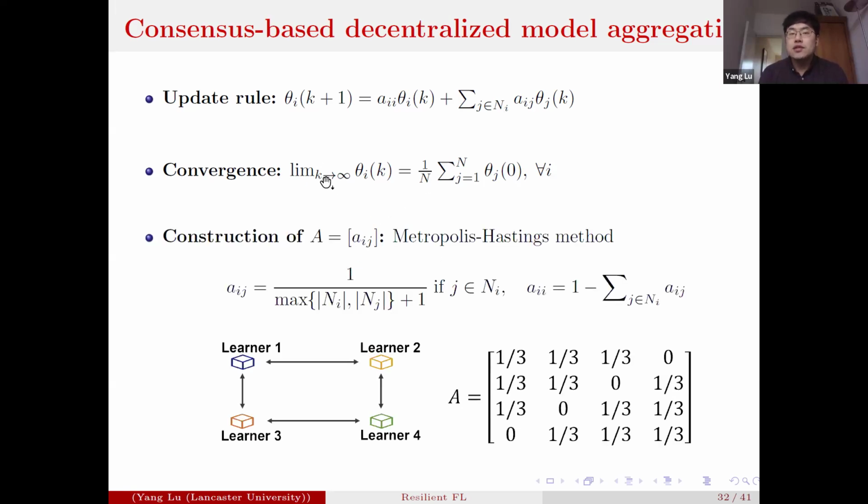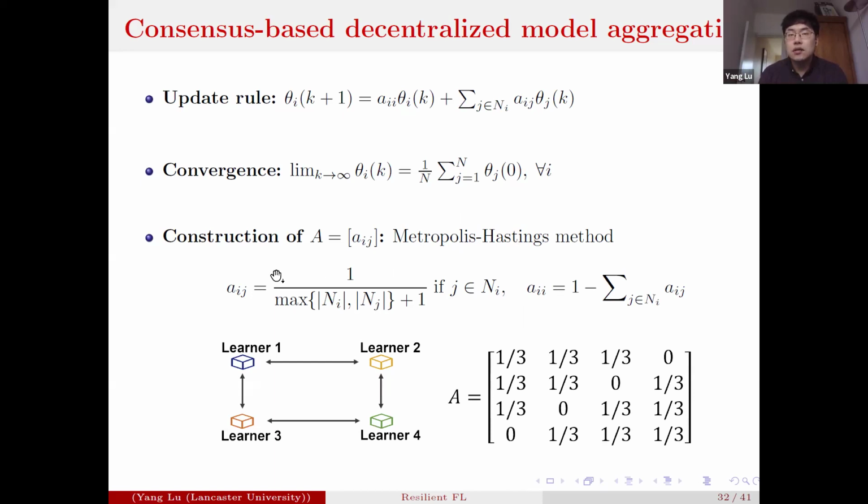So how do we construct such weights to guarantee convergence? Especially when we consider time-varying communication topology, your neighbors could change, they could leave and they could join. We use this Metropolis method. So you see that basically, if i and j are neighbors, a_ij is just 1 over the maximum of n_i and n_j, where n_i and n_j are the numbers of neighbors of i and j respectively, and we compute these weights in this way.